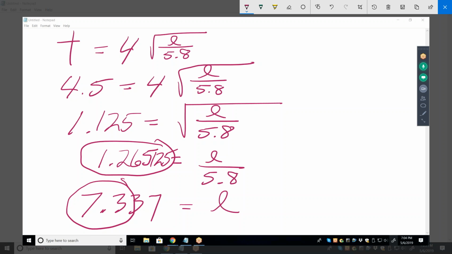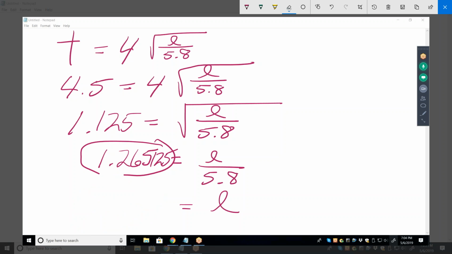So it's okay to round off in the middle as long as you use enough places. In other words, you wouldn't want to just get 7.33. I don't know if I'd feel safe there. But let's just follow her directions. Don't round off until the end.